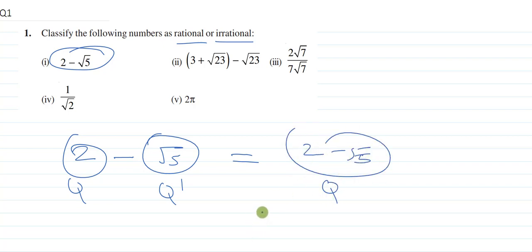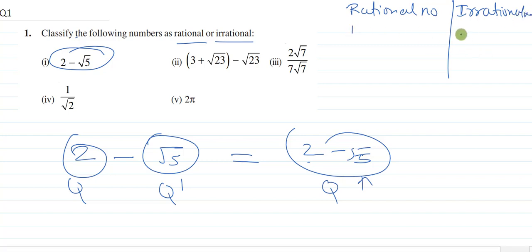Here they are not asking you to find root 5 and subtract it from 2. No. They are just asking you to classify this. So we will write a rational number column, and one for irrational, and this one will be irrational.